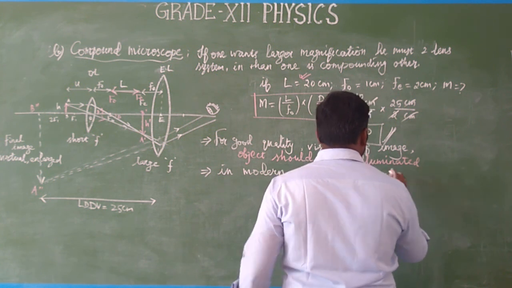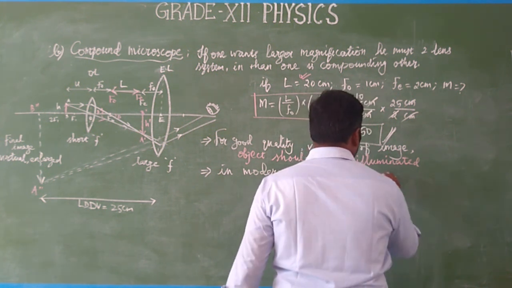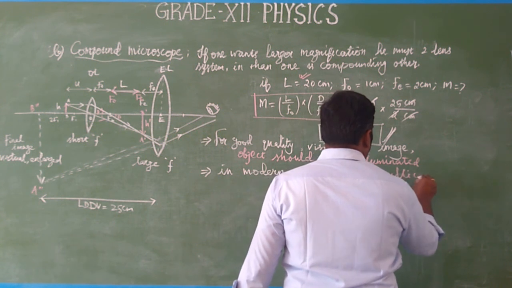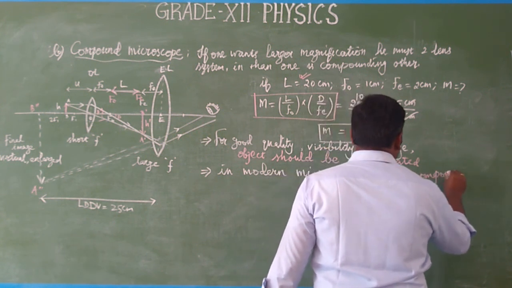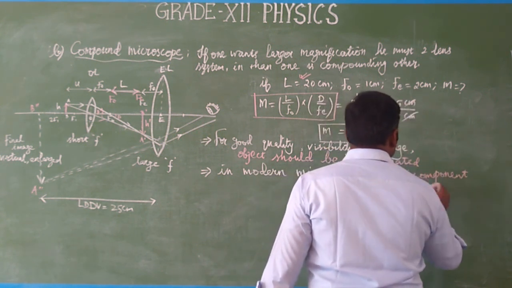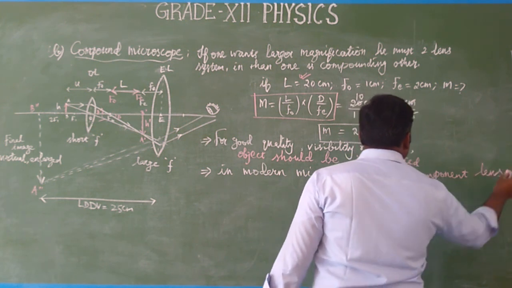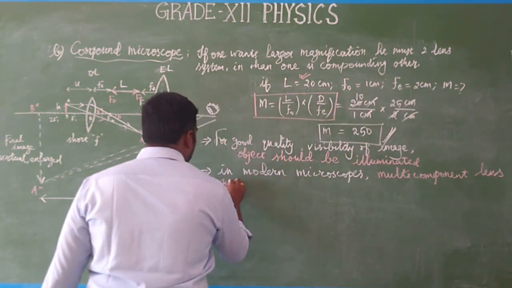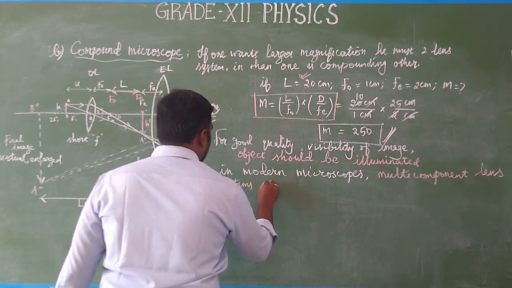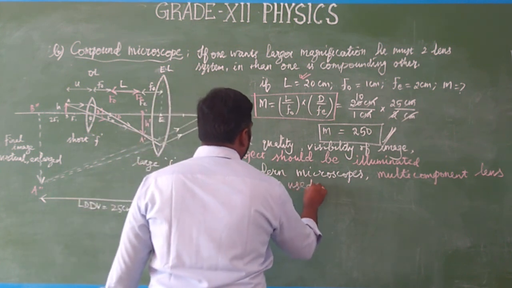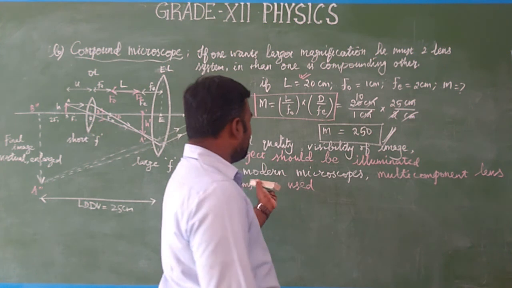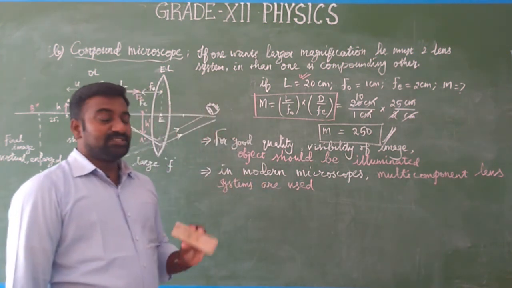multi-component lens systems are used in modern microscopes. Why is the multi-component lens system used?